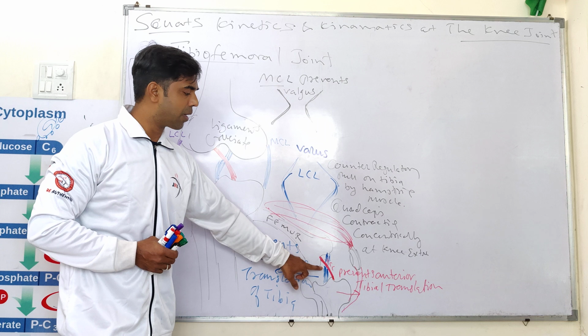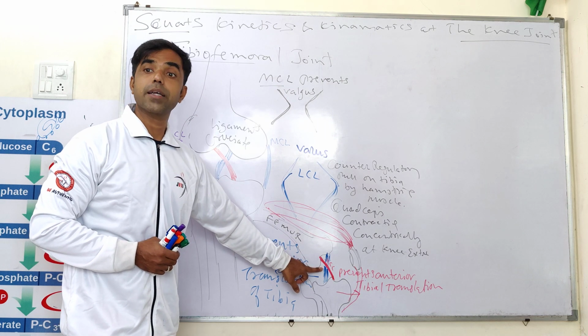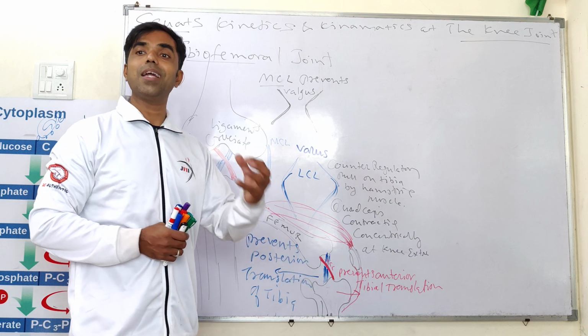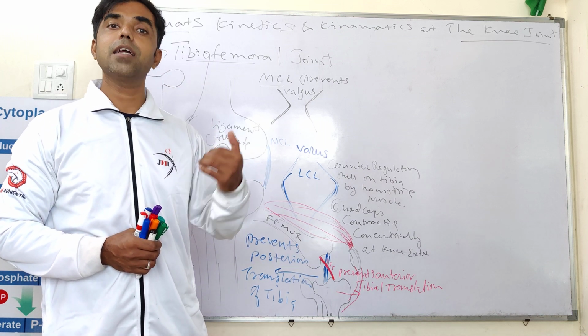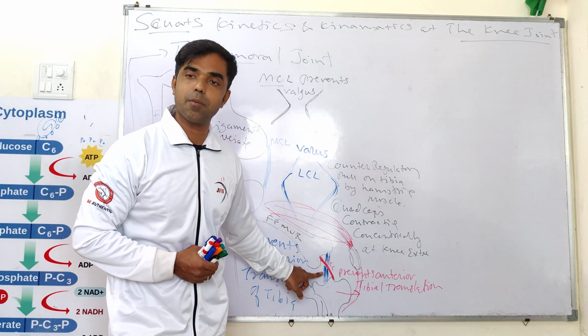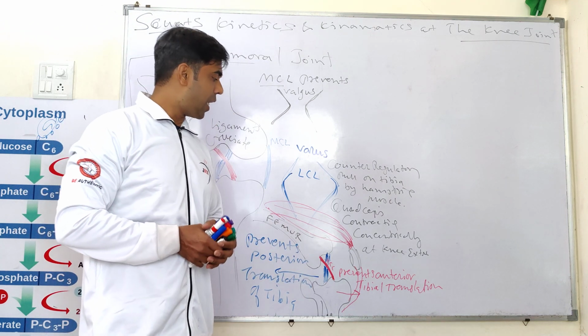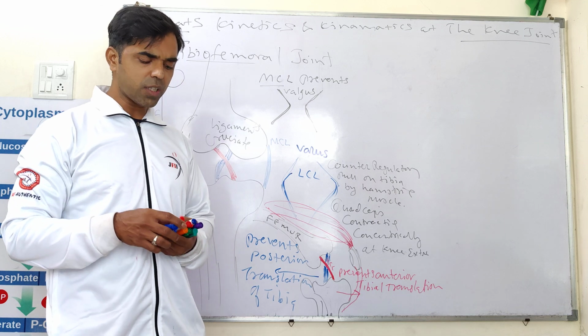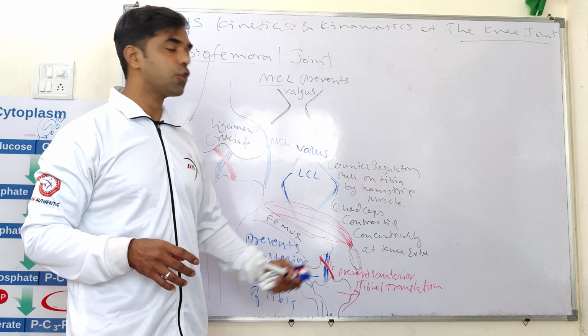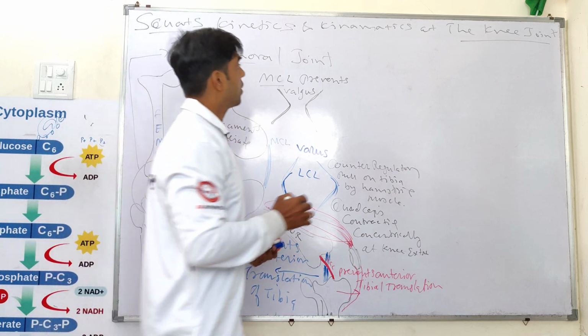So who is helping the PCL here? The gastrocnemius medial head. It is also preventing the tibia from translating posteriorly. So the PCL load is also taken care of by the gastrocnemius, right? Let's understand what the compressive forces and the shear forces are at this knee joint during squats.